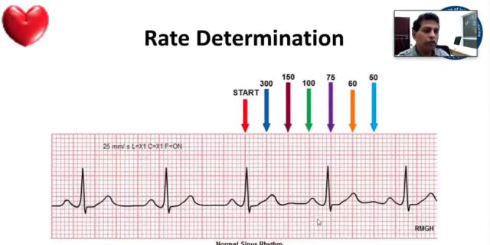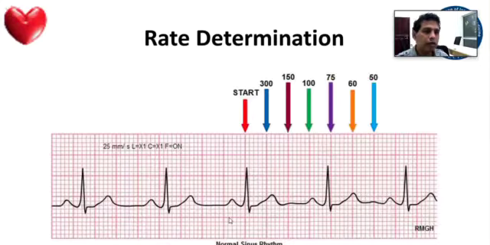So one thing that you need to know when you look at an ECG is to calculate the heart rate. This method is correct provided that the patient is in sinus rhythm and the QRS complexes are regular.